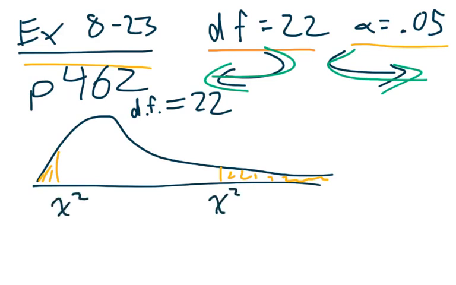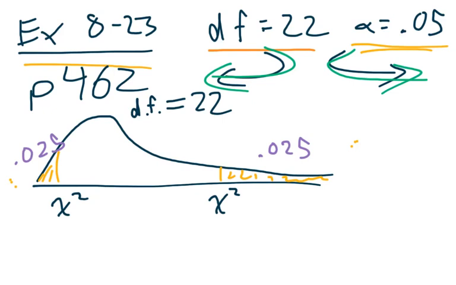Alpha, we said, was 0.05, and that means that the area on the right is going to be 0.025, and the area to the left of the leftmost critical chi-squared value is also 2.5%. Because it's a two-tailed test, we have to divide alpha in half, and each of these two tails is going to have exactly half of the alpha area.